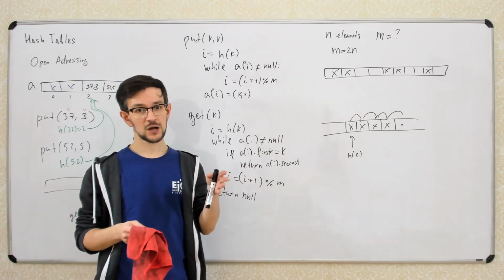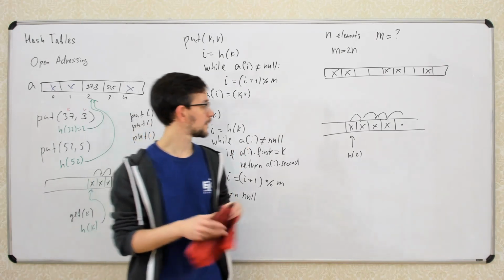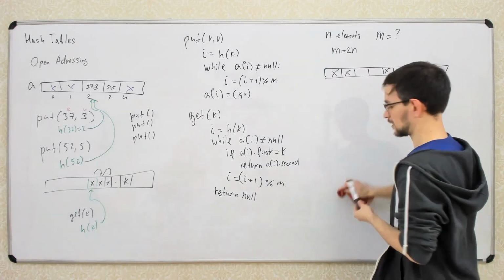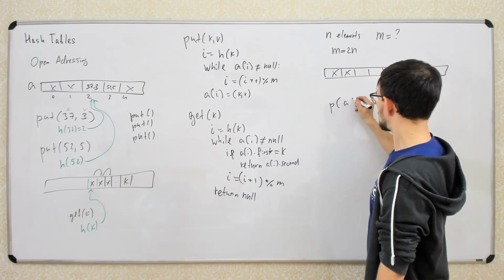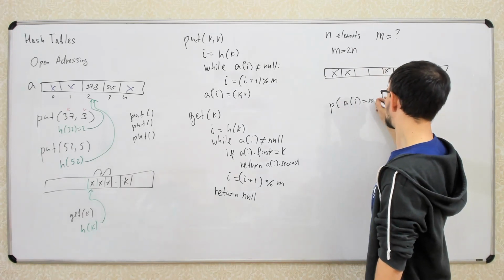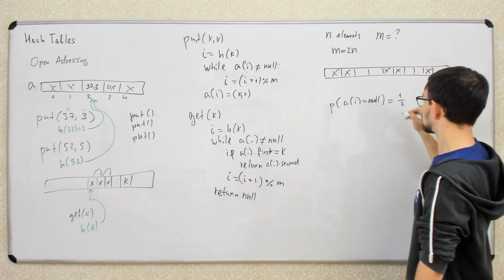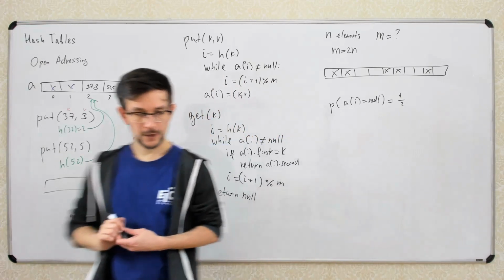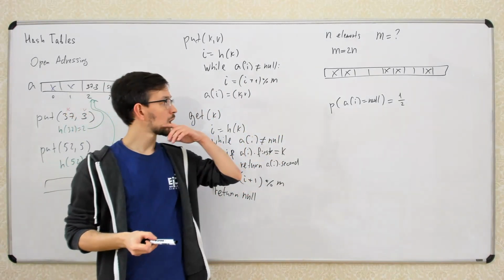So each cell may be empty with probability like a half. Probability that A[i] equals null is 1/2, because half of cells are filled, half of cells are empty.